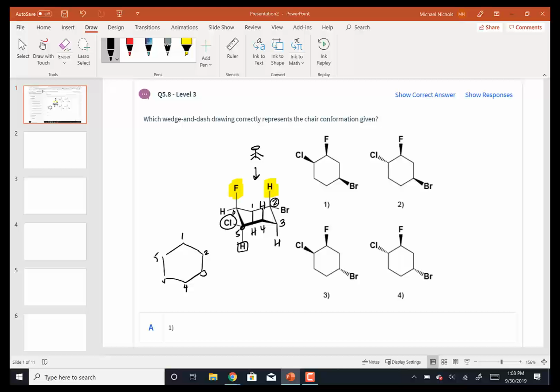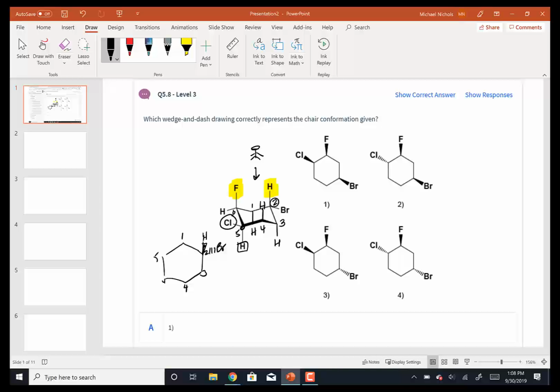We all in agreement it's below? If I'm looking at it from the top, it's below. So what kind of wedge should the bromine go on? It should go on a dashed wedge because it's basically away from me. And the hydrogen then would go on a bold wedge because it's above.